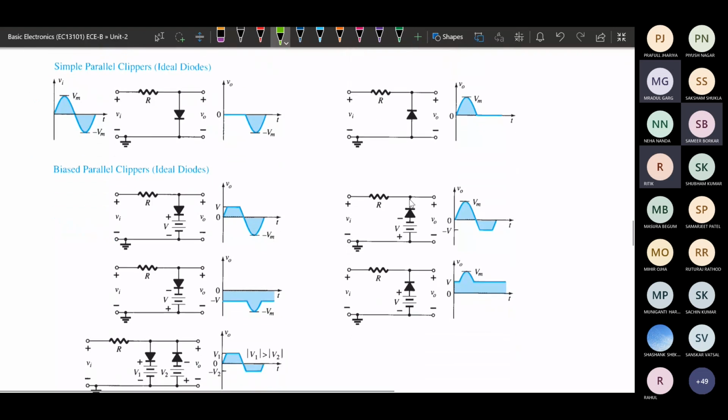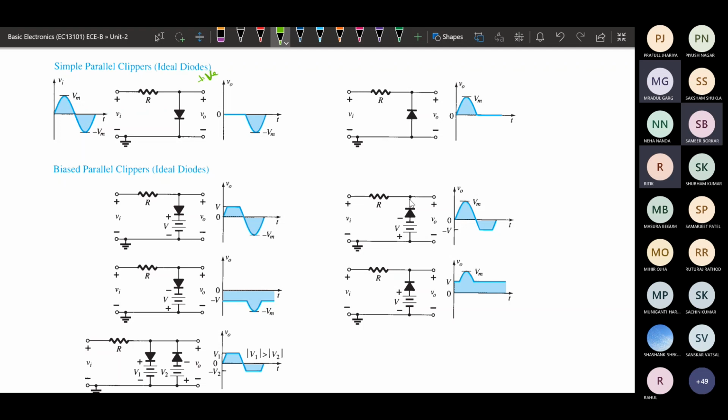Similarly, a similar analysis we can do in the case of the parallel clipper also. If it is a parallel clipper, the output will be taken at the voltage across the diode. So this is the positive clipping, where the positive portion has been clipped, and this is the negative clipping.